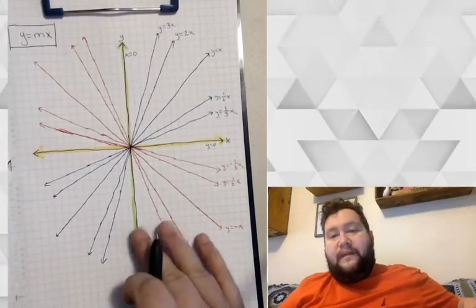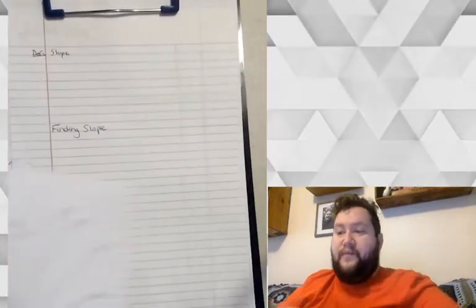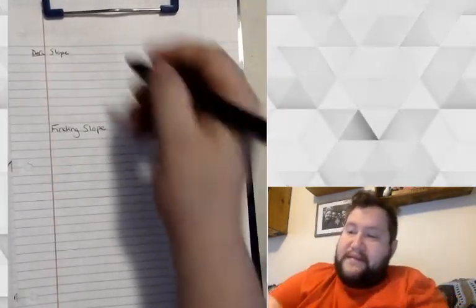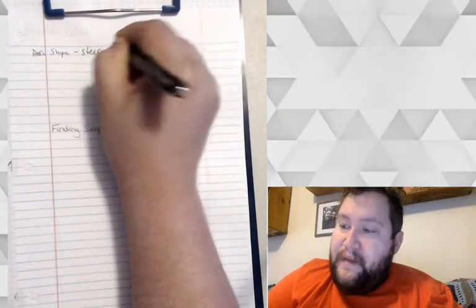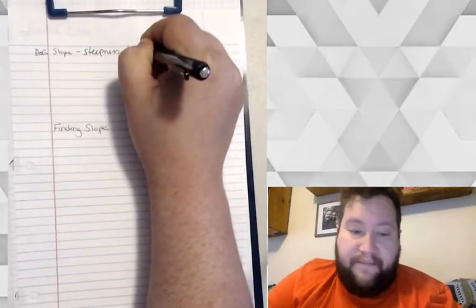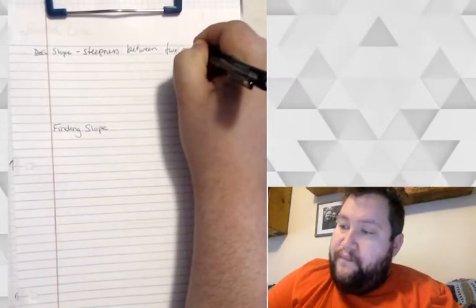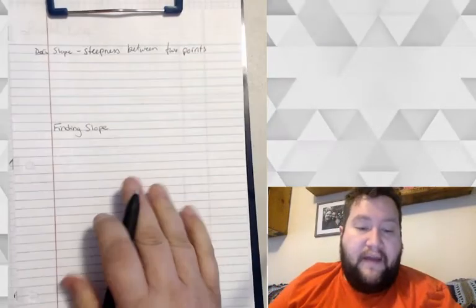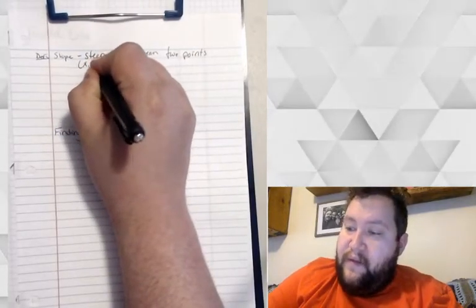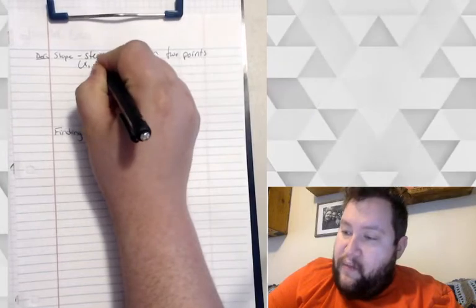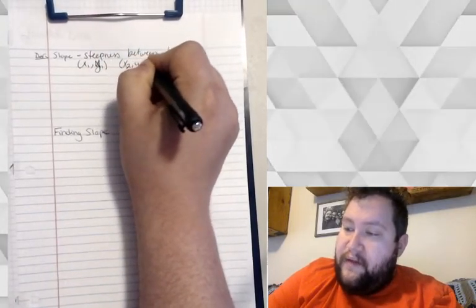So let's be a little bit more formal about slope. We'll define slope as the steepness between 2 points. Let's say those points are x1, y1, and x2, y2.